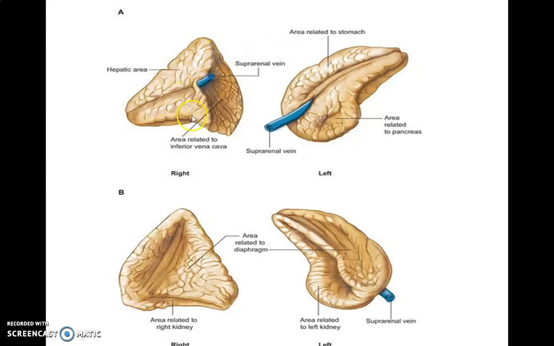The anterior surface, as we have seen, is divided into a medial area and a lateral area by the vertical ridge. The posterior surface is divided by a curved ridge into upper and lower areas.